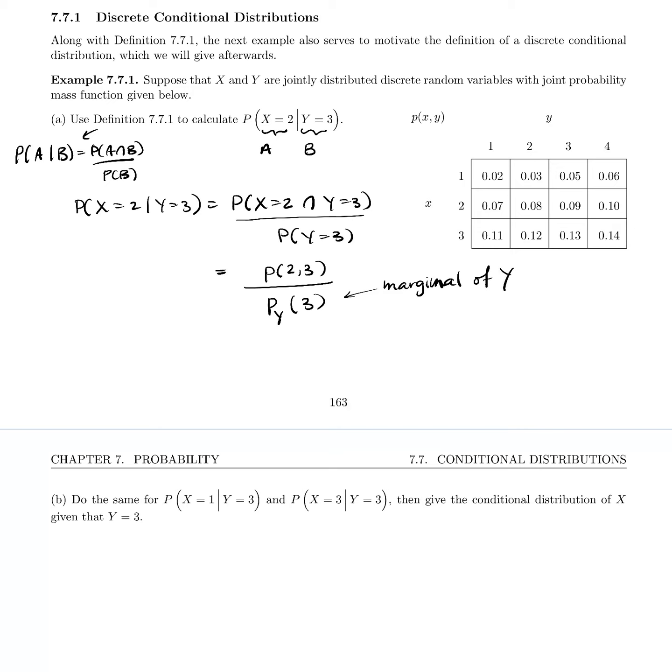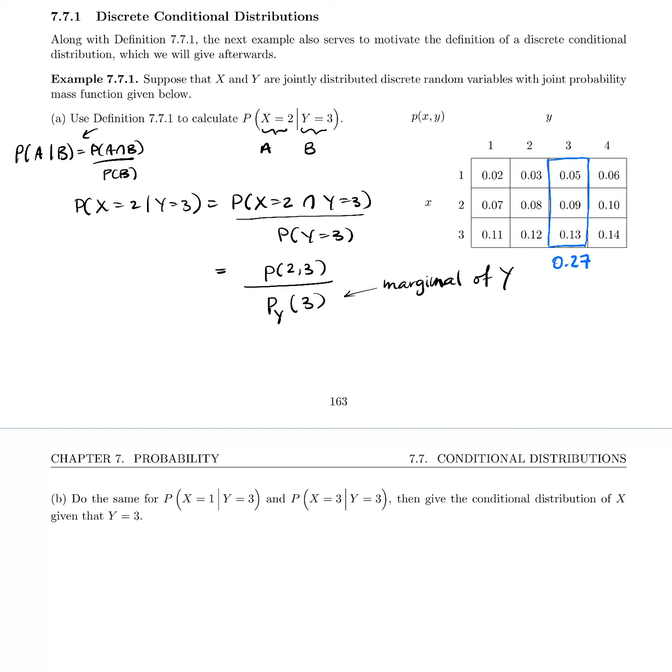These are values that we can get from the table. For the marginal function, you remember, we add up the values in the row or column in a mass function and write them in the margins. That's where the name came from. If we add up where Y is equal to 3, we get 0.27, which is the denominator of this fraction.